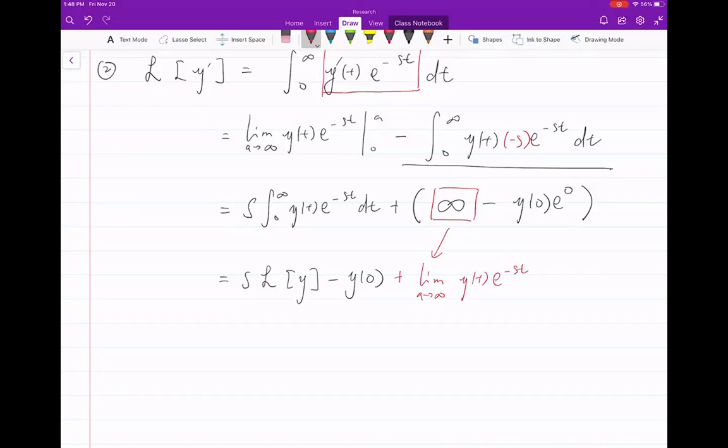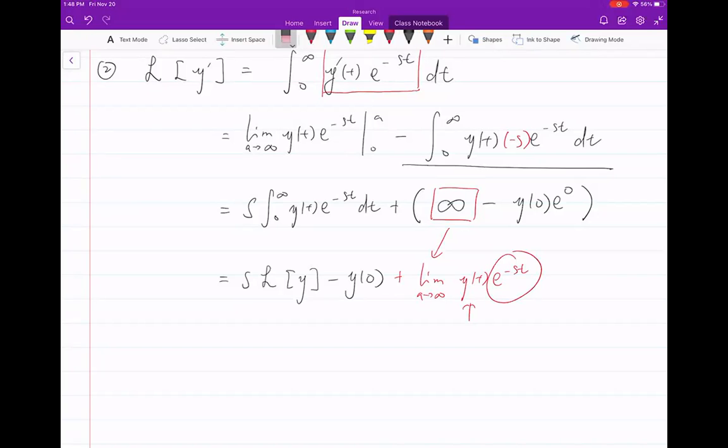Or this can be 0, because this one decays like crazy. It's exponential decay. You times exponential decay by anything that is slower than exponential decay, eventually this one will go to 0. Sounds good? Okay, for the first case, we just say we give up. There's no Laplace transform. But for the second case, that's what we want.